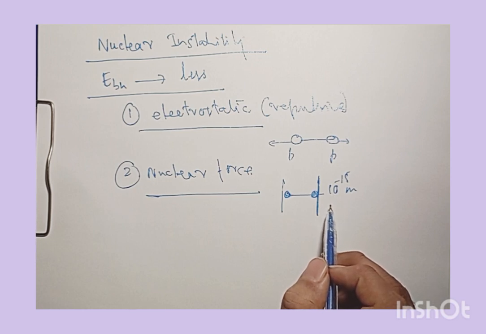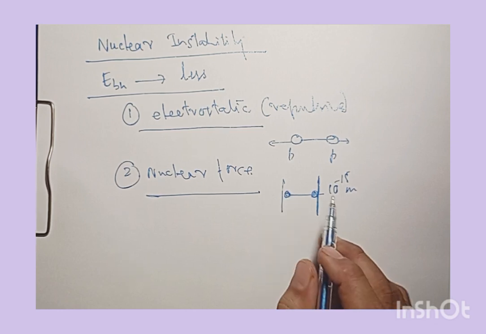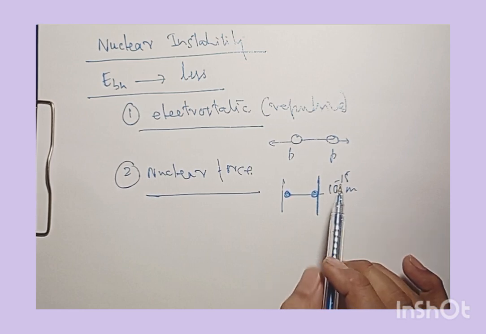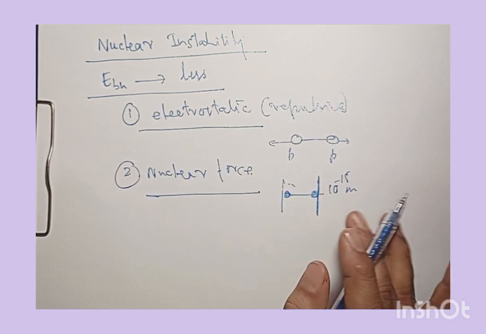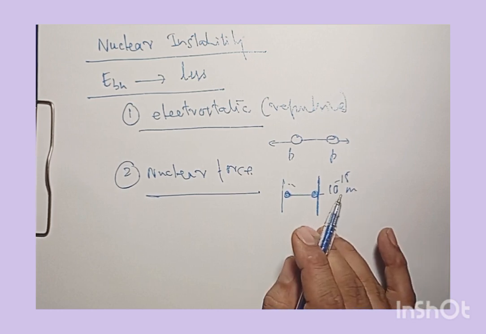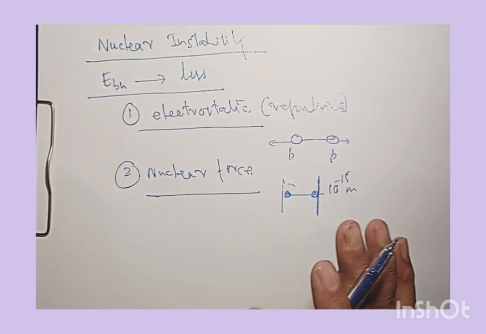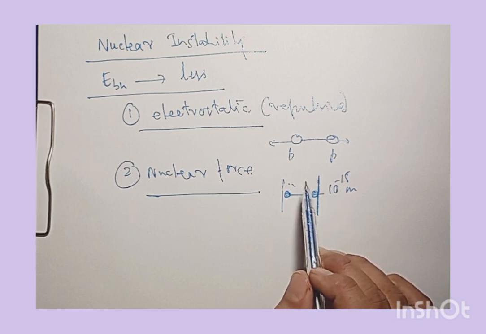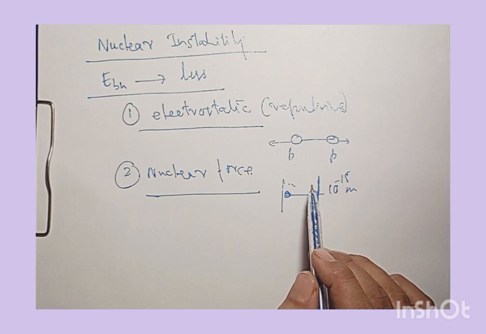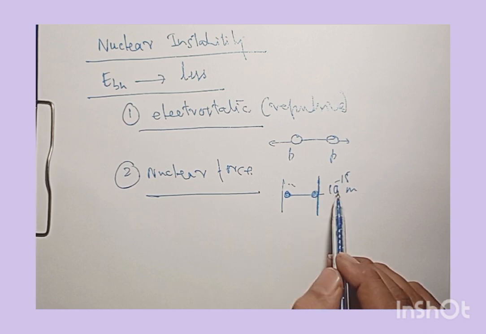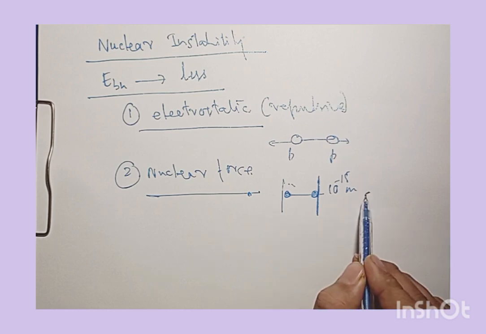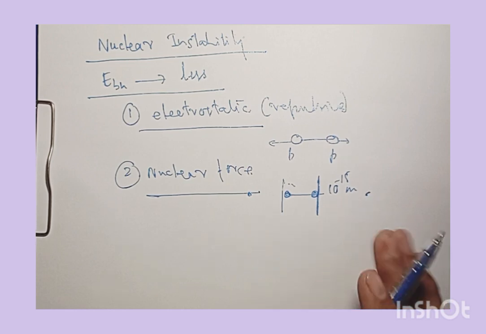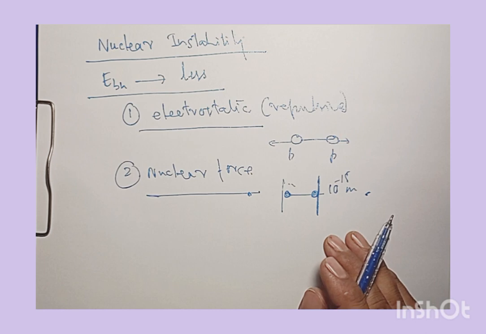That's why it is also called a saturated force. When these nucleons are far apart, when they cross this distance, this force dies instantaneously. And moreover, the nuclear force between neighboring nucleons is more than between two nucleons lying on opposite edges of the nucleus. Certainly, that should be the case that I'm trying to tell.